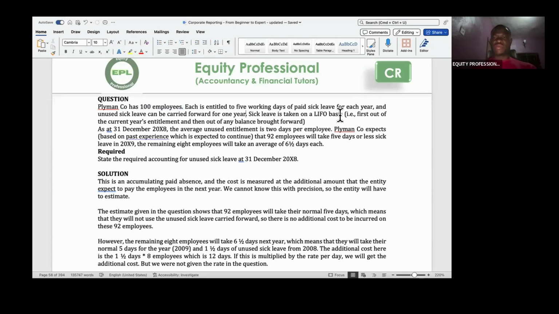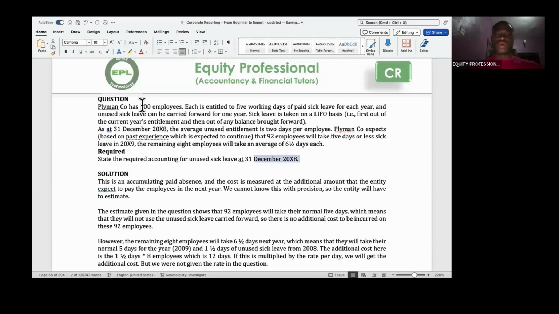Sick leave is taken on a LIFO basis, first out of the current year's entitlements, and then out of any balance brought forward. As at 31st December 2008, the average unused entitlement is 2 days per employee. And after that, Plyman Co. expects, based on past experiences, which is expected to continue, that 92 employees will take 5 days or less sick leave in 2009. The remaining 8 employees will take an average of 6.5 days each. Required: State the required accounting for unused sick leave at 31st December 2009.